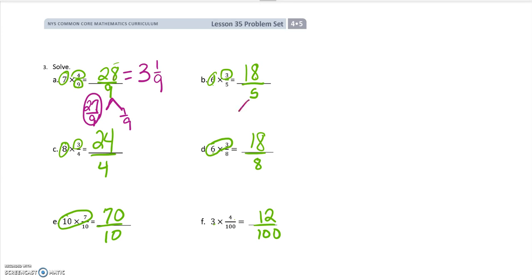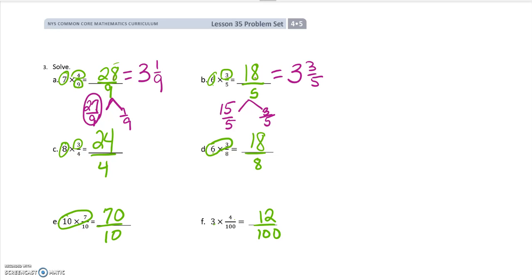So let's see how many whole groups of 5 we can take out. We have 18. So we could take out 5, 10, 15. So that would be 15 fifths, which is equal to 3 whole. And that would be 3 fifths left over.